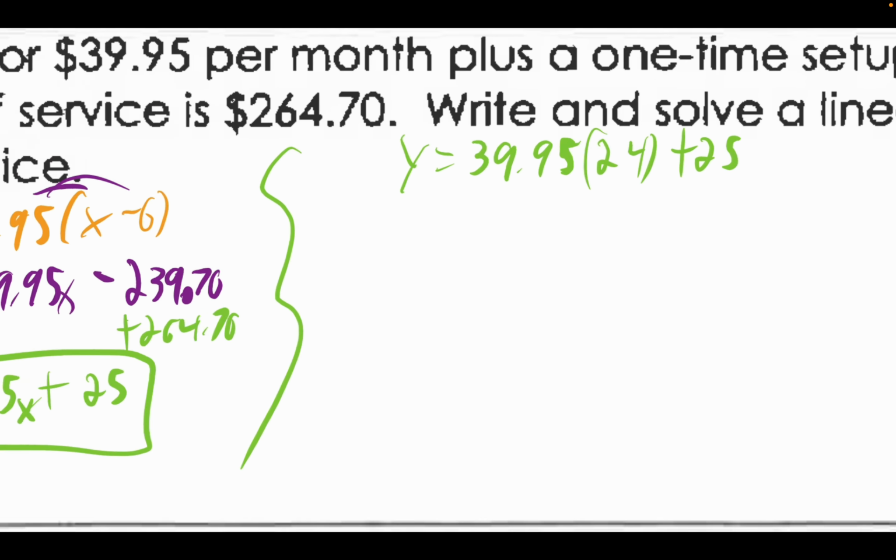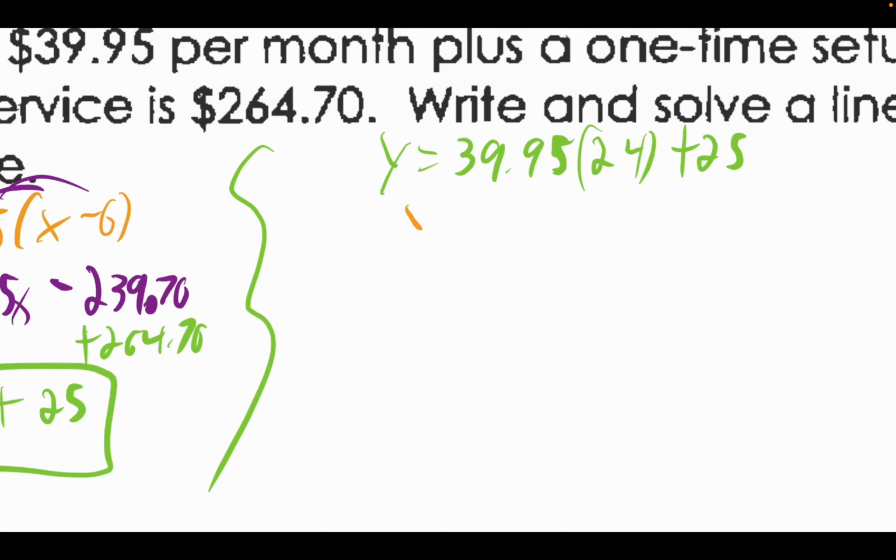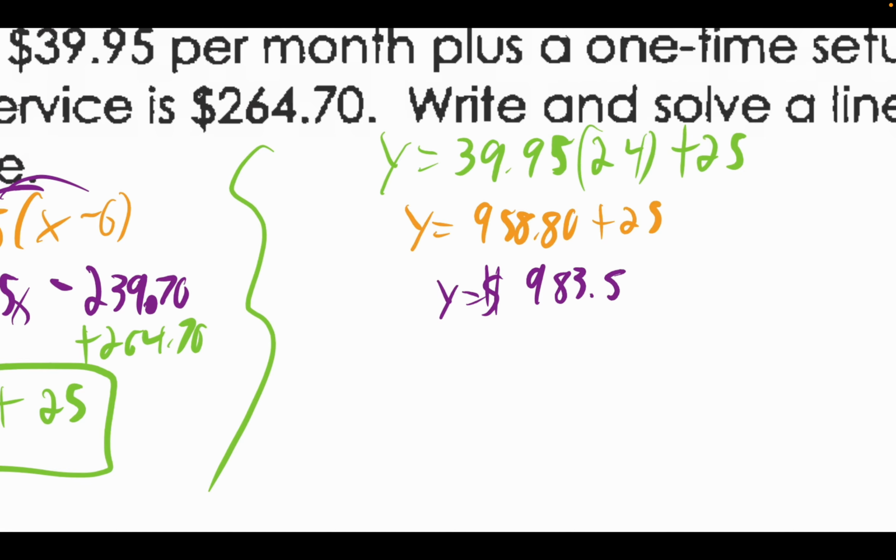So 39.95 times 24 gives me 958.80 plus 25, which results in a charge of $983.80.